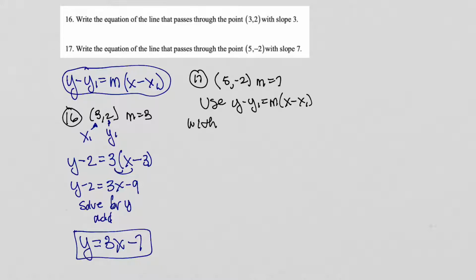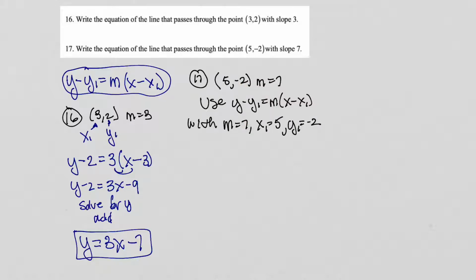What do we need here? We need y1, m, and x1. So here's what we have: m equal to 7, x1 equal to 5, and y1 equals negative 2. Make sense? m is 7, x1 is 5, and y1 is negative 2.